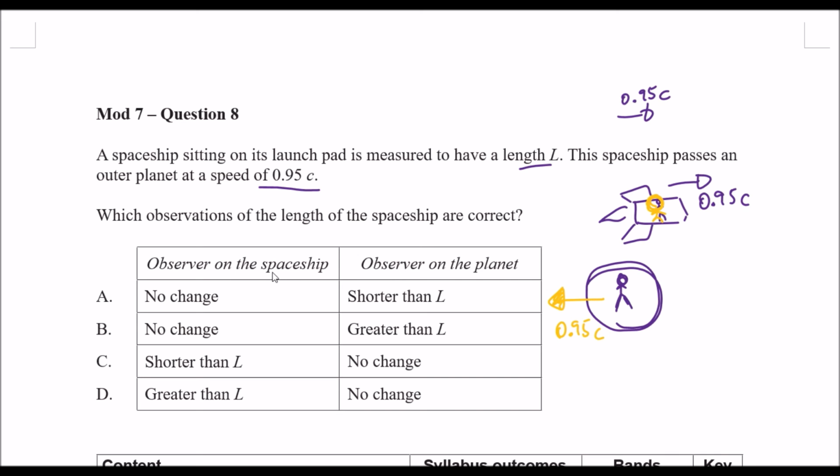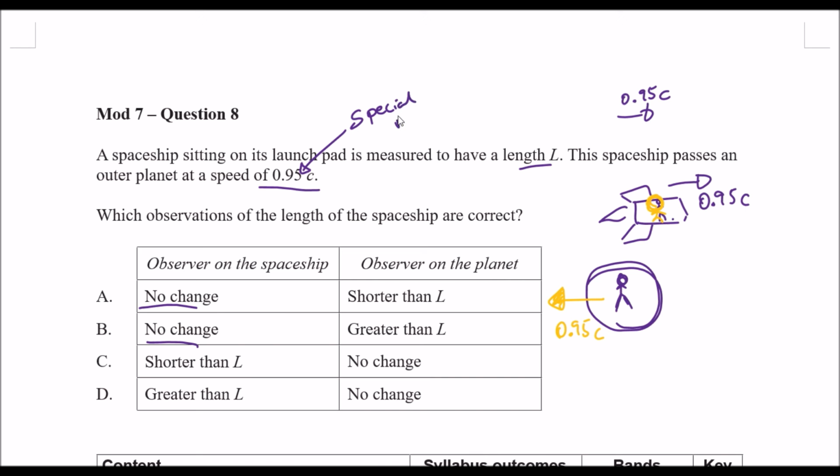So for the observer on the spaceship, what observations of the length of the spaceship are correct? If you're on the spaceship, you wouldn't see a change because that's your own frame of reference. You don't see anything occurring. To you, it looks the same. The most important part is how Einstein defined special relativity.